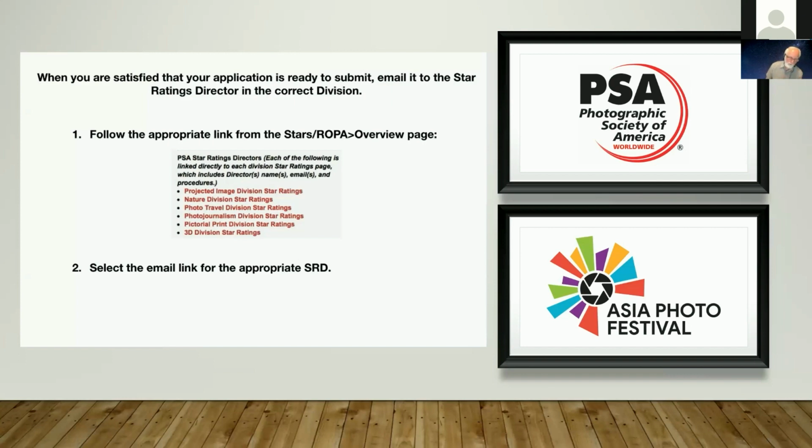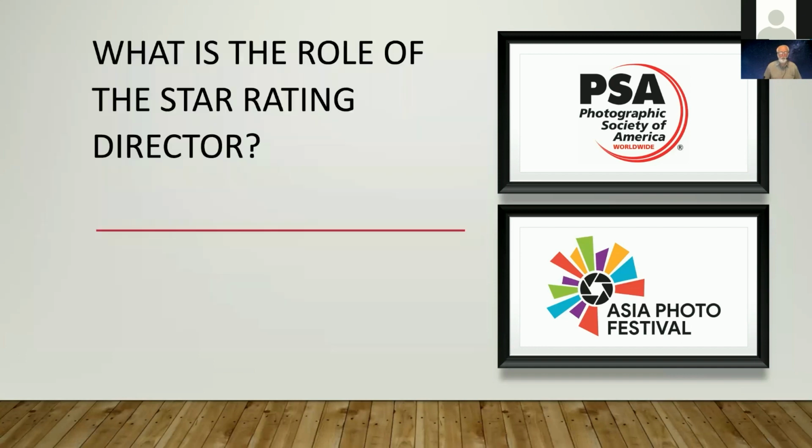You click on the email link and send the application off to that person. The Star Ratings Director will download your application from your email, and check the information on your application against the PSA acceptances database.